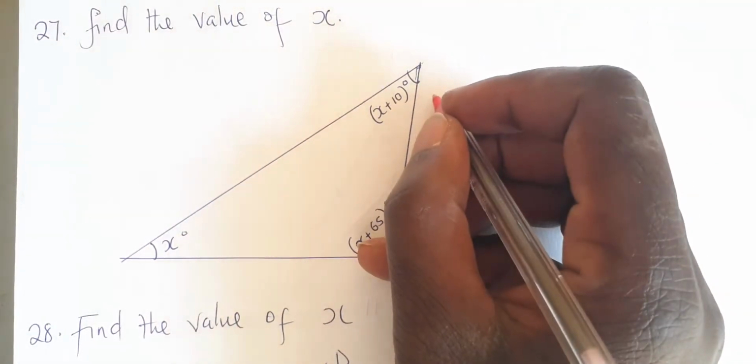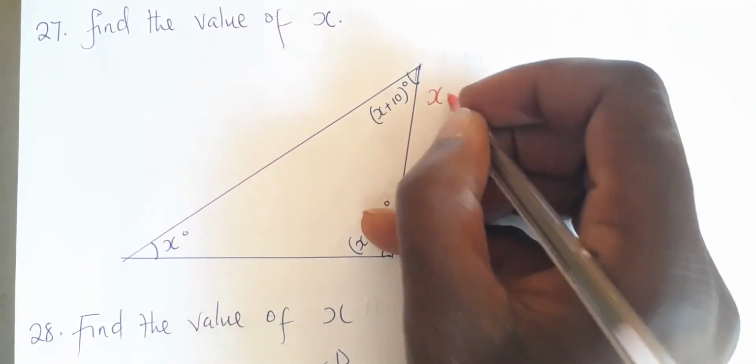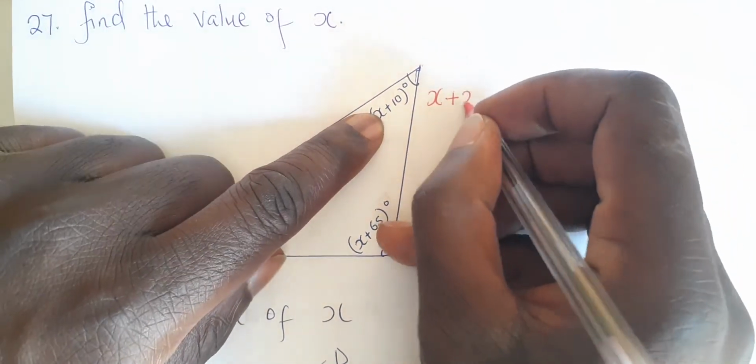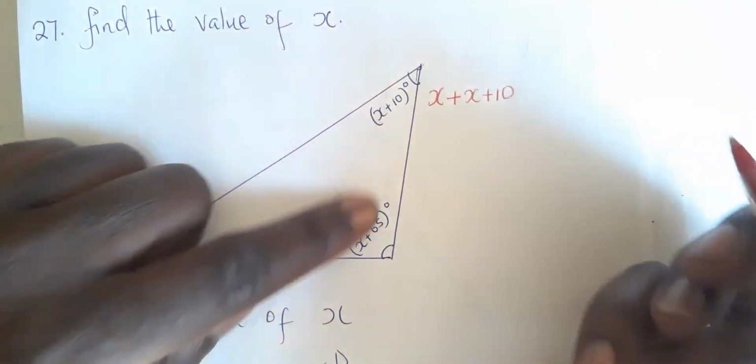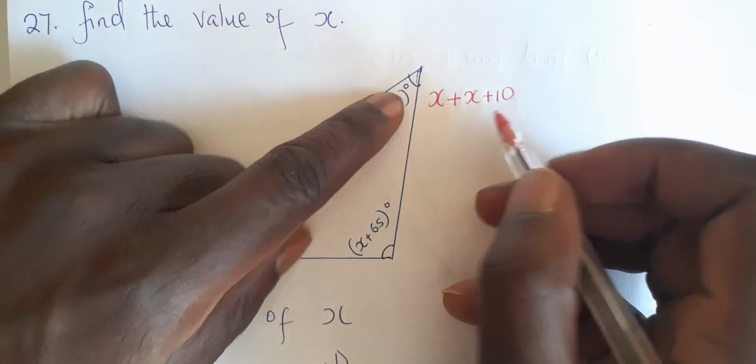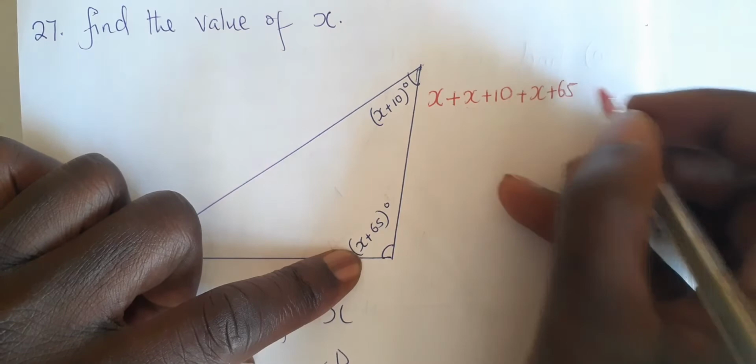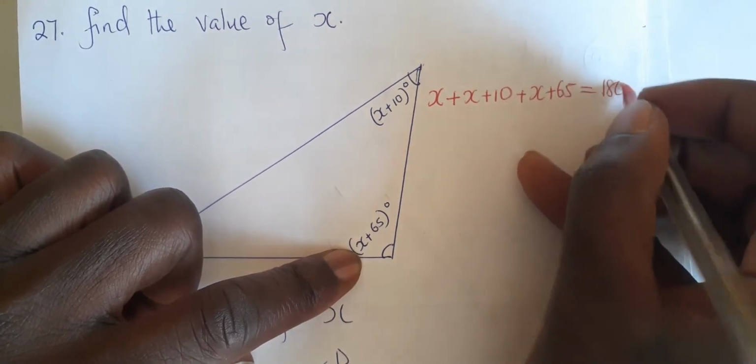So that's what we are going to do even here. We're going to say x plus x plus 10 plus x plus 65 must give us 180 degrees.